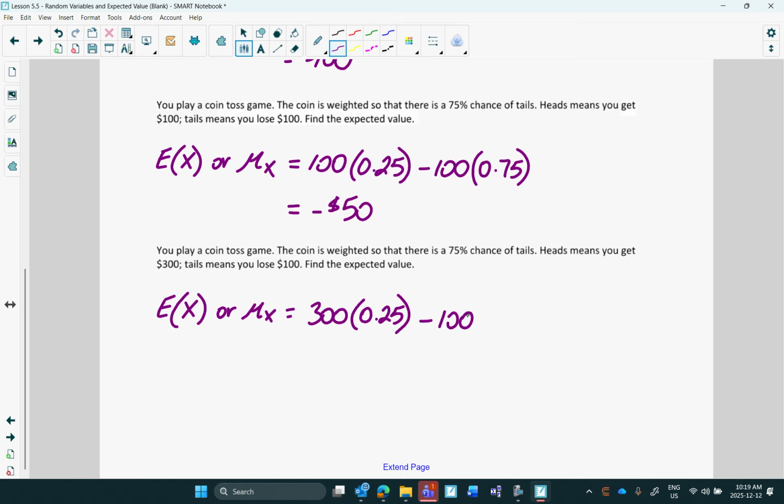Lose 100, and there's a 0.75 chance of that occurring. And what does that give me? 0, I believe. So the bigger win output is counterbalanced by the weight of the coin in favor of tails, so that eventually it becomes nothing.